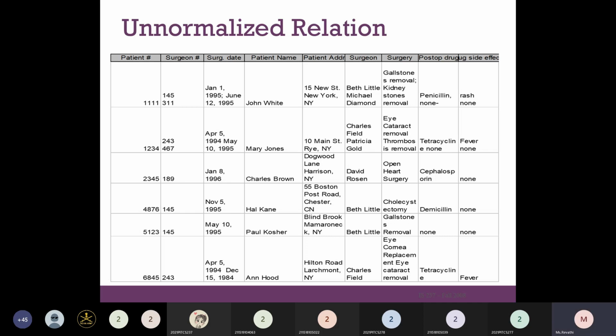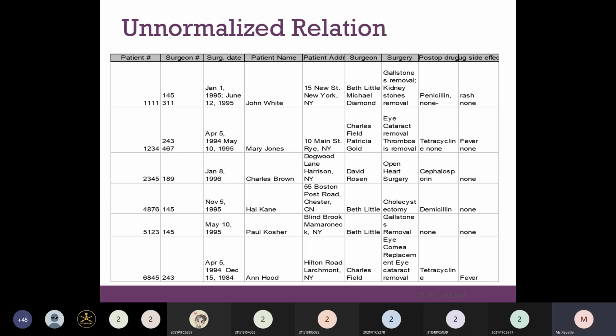Here we can see that there exists redundant data. For example, consider the first tuple for the patient named John White. He has undergone a surgery for gallstone removal as well as kidney stone removal.